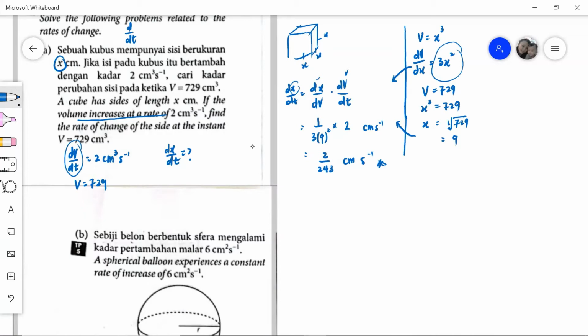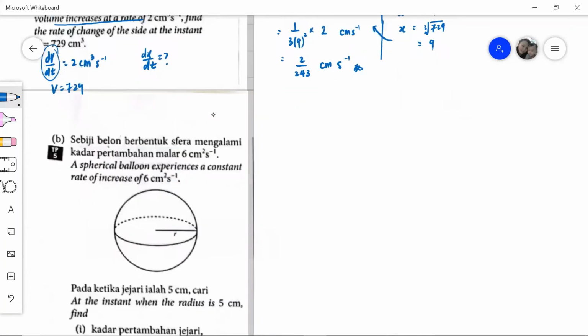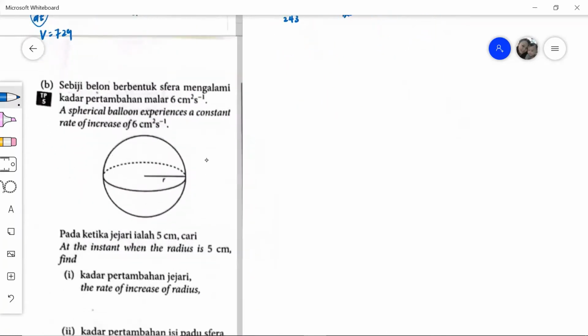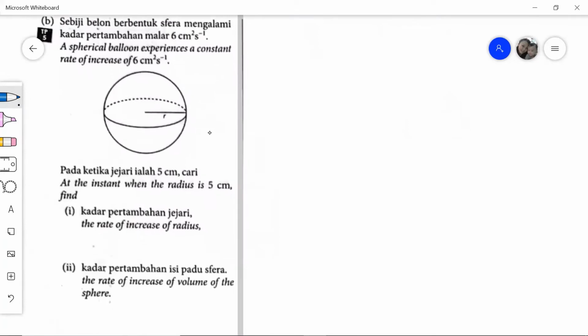Okay, now next, part B. In part B, we have a spherical balloon. The spherical balloon experiences a constant rate of increase of 6 cm squared per second. By looking at this, we know that the one given here is actually dA by dt, the rate of change in the surface area.